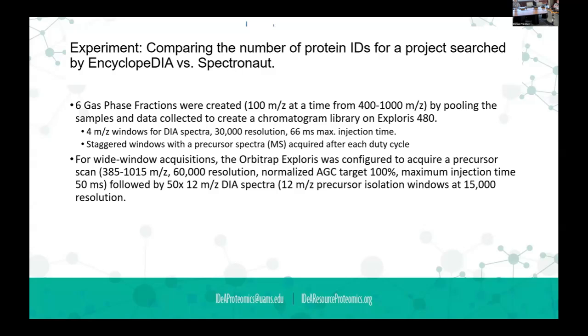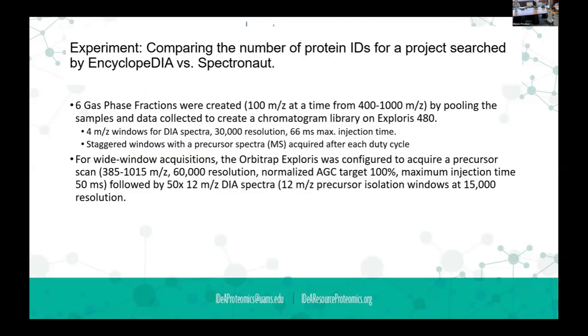We used to do gas phase fractions, but now we don't, because with whatever edition, 17 or so, of Spectronaut, direct DIA has made it so that we don't feel instrument time is well spent making gas phase fractions. But I wanted to go back and do an experiment comparing the number of protein IDs for a project searched by EncyclopeDIA or Scaffold DIA and Spectronaut.